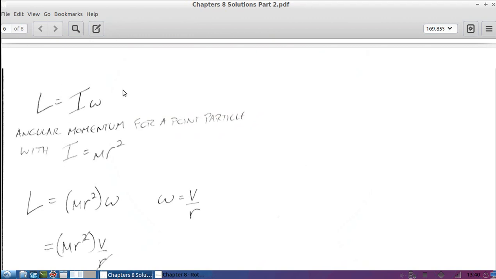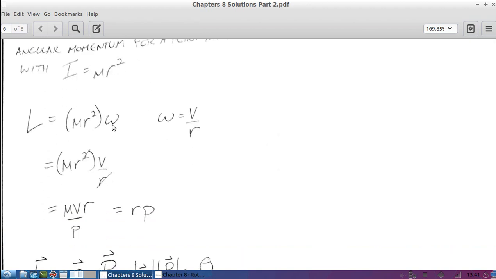Let's talk about a point particle, the bullet for example. It's got a moment of inertia mr squared. If I plug mr squared in for I, I've got mr squared times omega. But omega is v over r, since this bullet has a linear velocity, so I can substitute v over r for omega. Now what's this r? We'll talk about that in a second. So I've got mr squared times v over r.